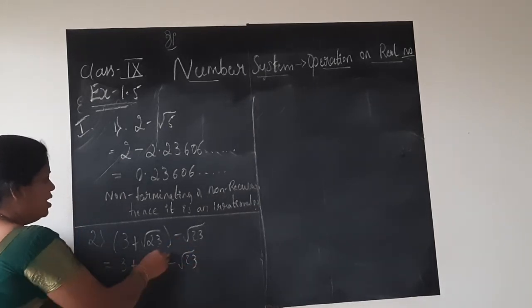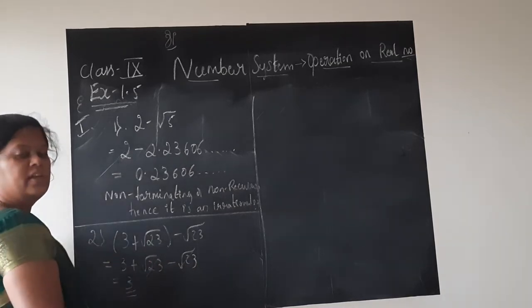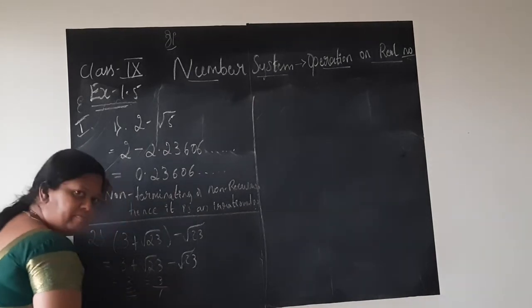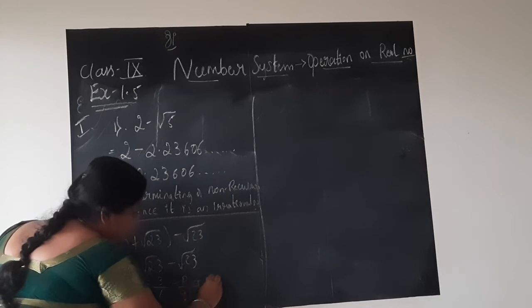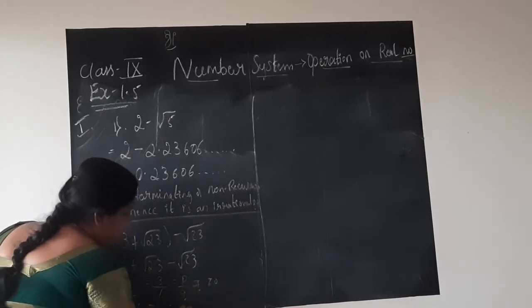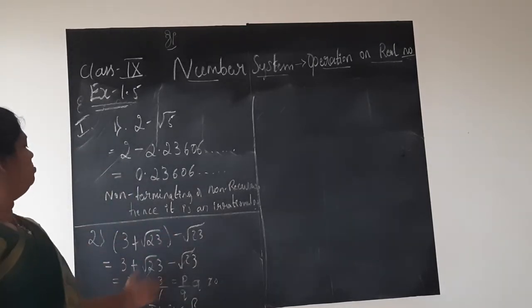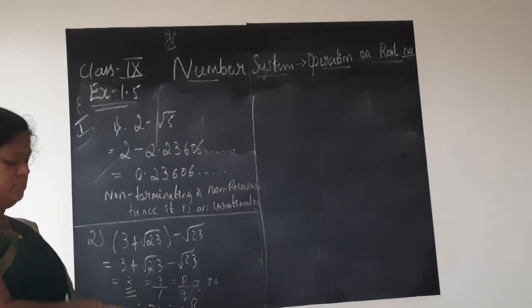The root 23 terms cancel, and I am left with only 3. So 3 can be written as 3 by 1, which means it can be written in the form p by q, where q is not equal to 0. Therefore, it is a rational number. If you can simplify like this, you can know directly instead of finding square roots of big numbers. This is also an easy method.